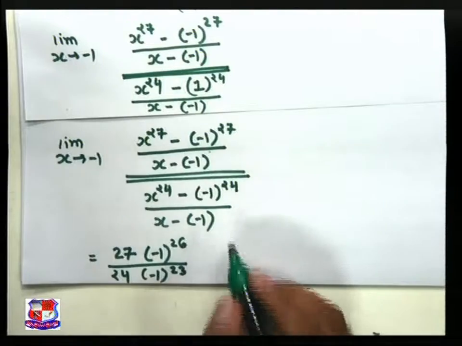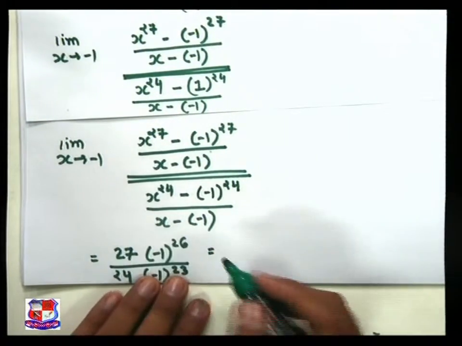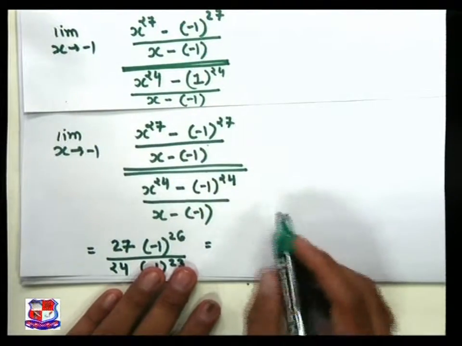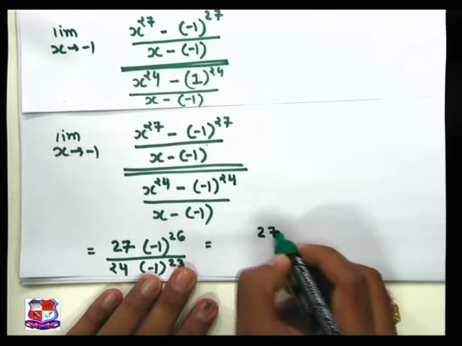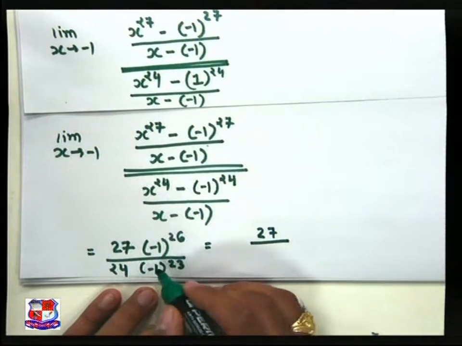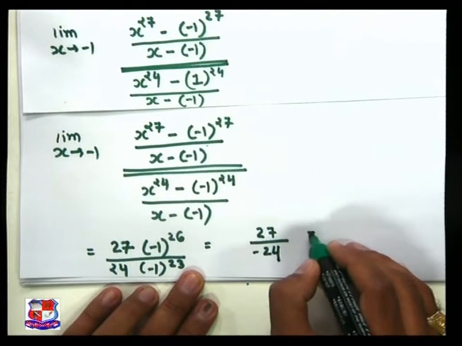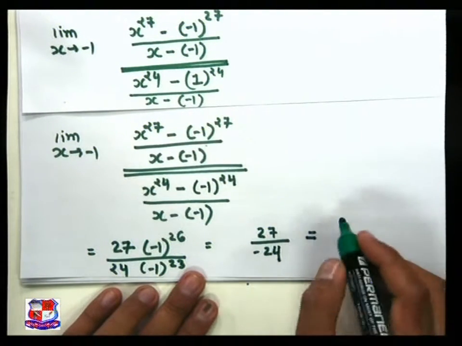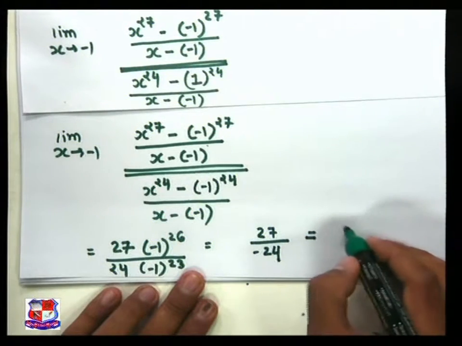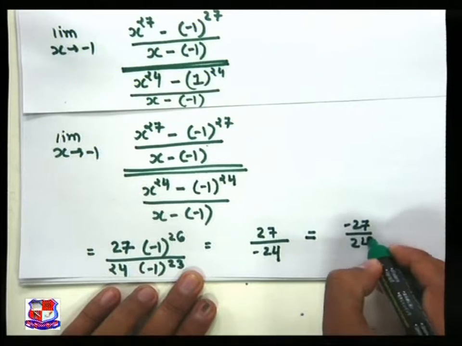So finally we can write our answer: minus 1 raised to 26 becomes plus 1, so 27, divided by 24 times minus 1 raised to 23, an odd power, becomes minus. So finally our answer is minus 27 by 24.